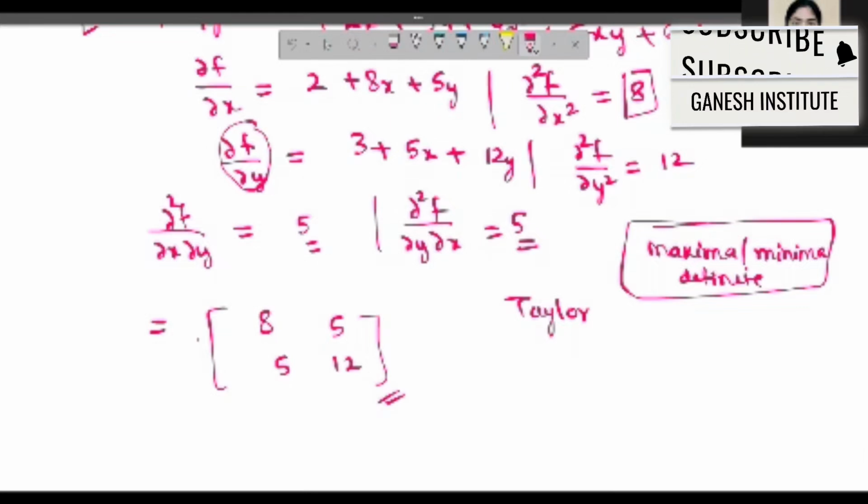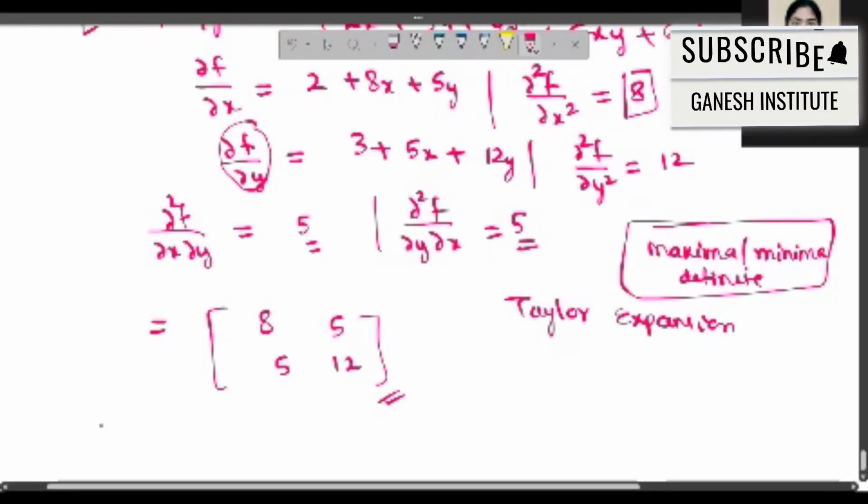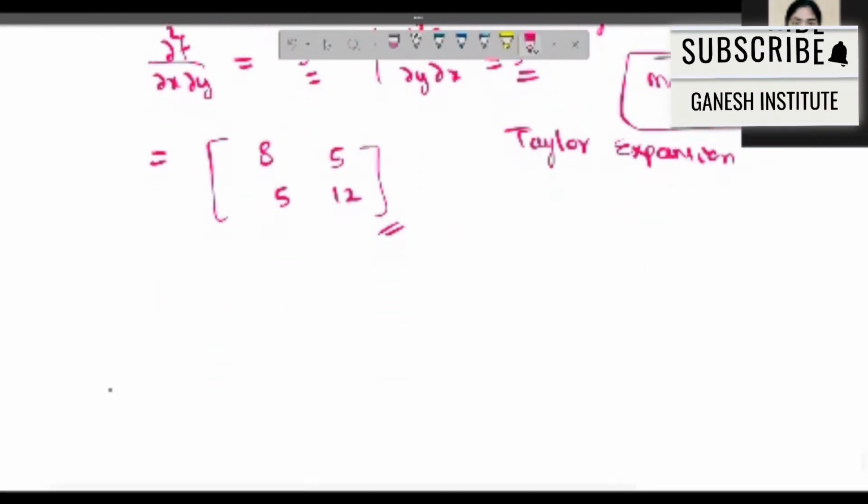So what you do: there are various methods. One is you can simply take this, your D2F, the second order derivative matrix, and find its determinant.